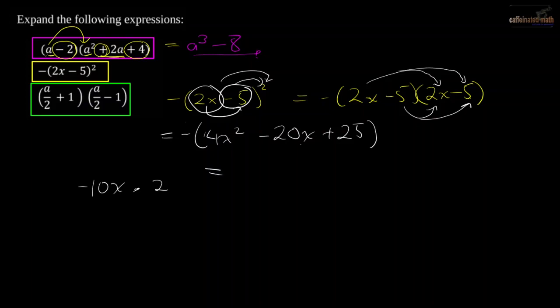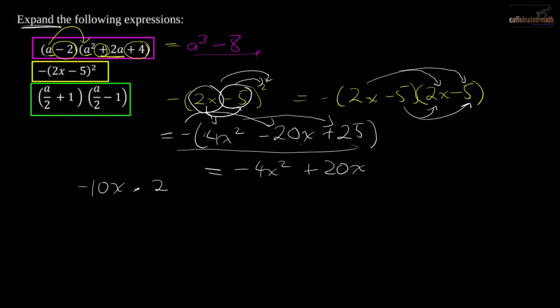And then we mustn't forget to distribute the negative value into the brackets, because we have been asked to expand the expression, so that just ends up being -4x squared plus 20x minus 25, and that takes care of that.